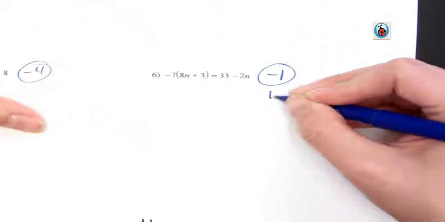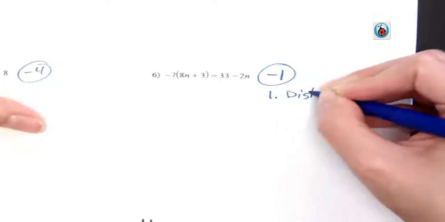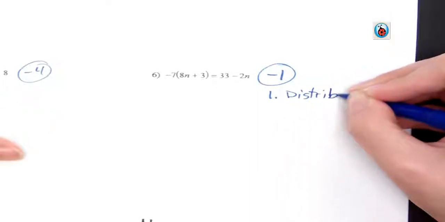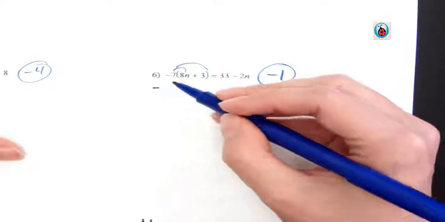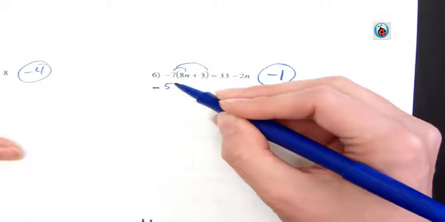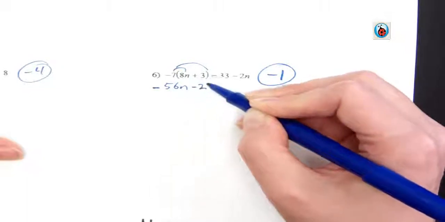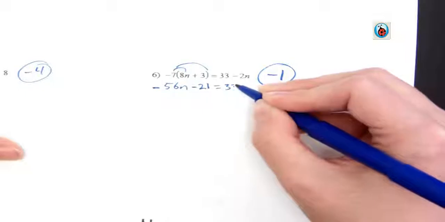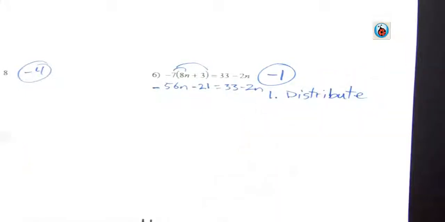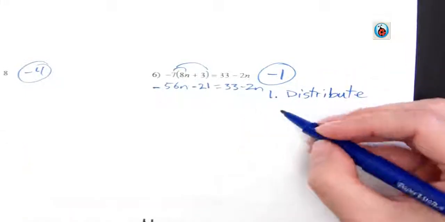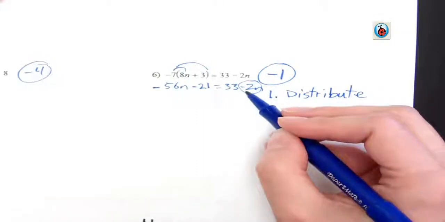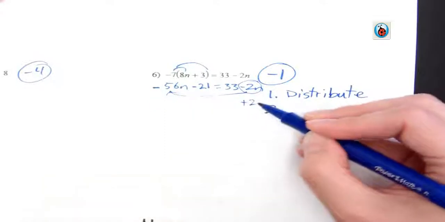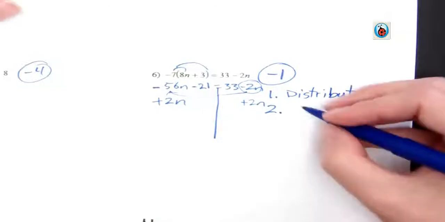Our first step, distribute. So that gives us negative 56n minus 21 equals 33 minus 2n. So then step 2, I want to move my letters over to the other side. So I'm going to move this over by doing plus 2n to both sides because they're on different sides of that equal sign.